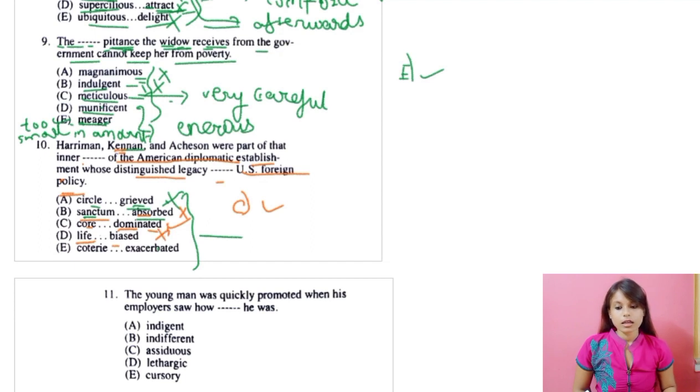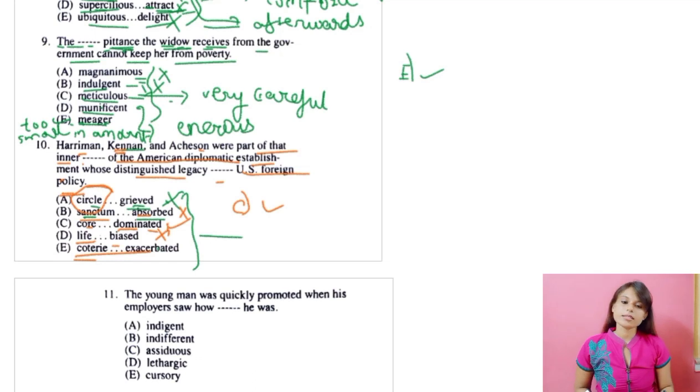This is wrong. Okay, let us check option number E, coterie and exacerbated. Harriman, Kennan and Acheson were part of that inner coterie. Now what is coterie? Coterie means kind of circle, just like the first option. Coterie means circle or group.